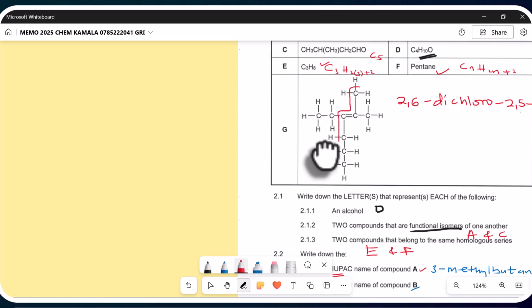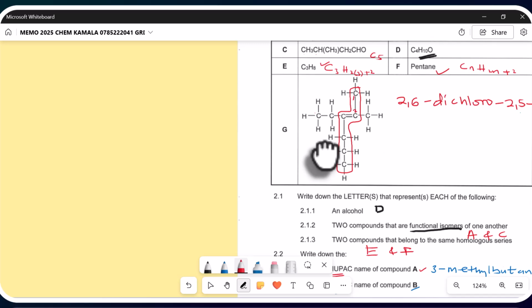Because there are 6 carbons here, I'm going to use hex. So where do I have the branches? On carbon number 2, there is a methyl, and on carbon number 3, there is an ethyl. We're going to say 3 ethyl, then 2 methyl.